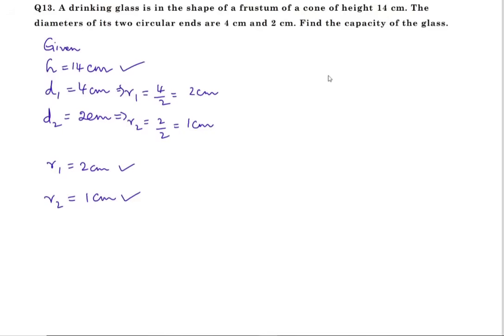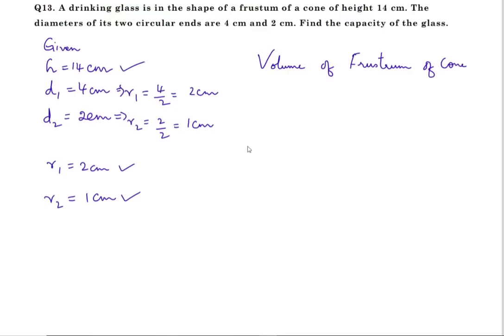Capacity is the volume. Therefore, volume of frustum of a cone. What is the volume of a frustum of a cone? Take your textbook or the formula sheet and tell me. It's on page number 143 of the part 2 textbook.